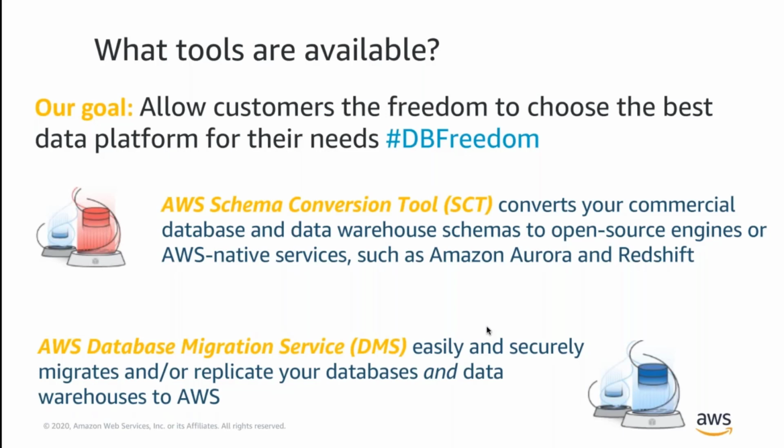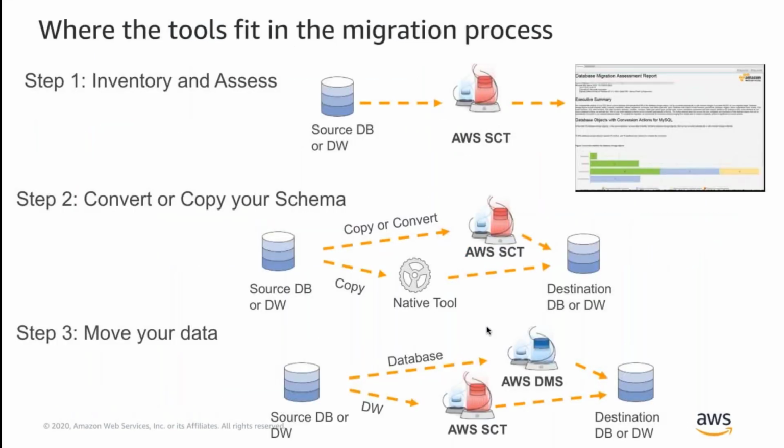So there is a change data capture capability within DMS that allows you to do CDC between Oracle and databases like Aurora Postgres. It facilitates a quick switchover and minimal downtime migration. Where each of these tools fit into the migration process is shown here on this slide.